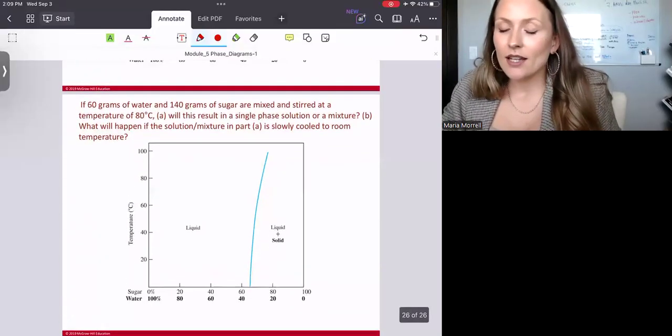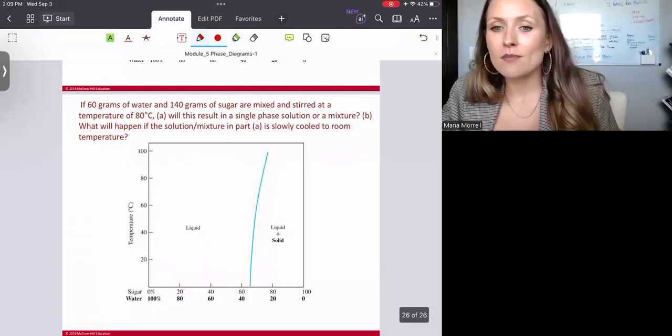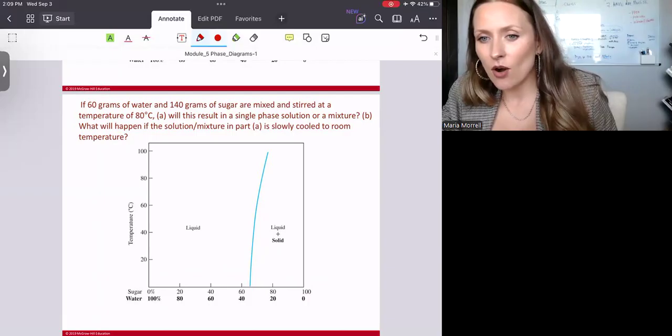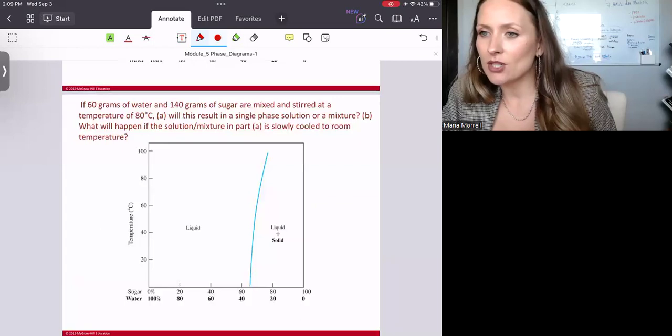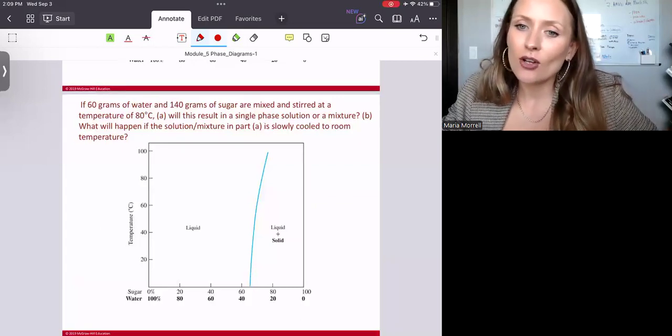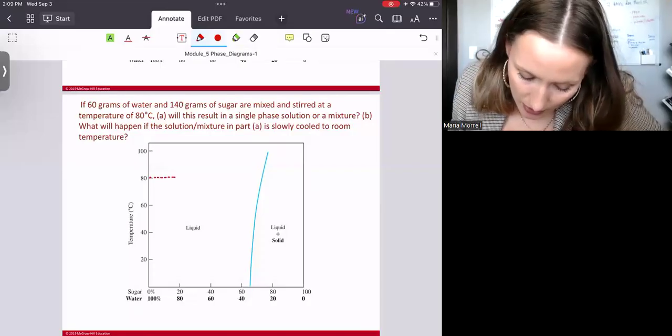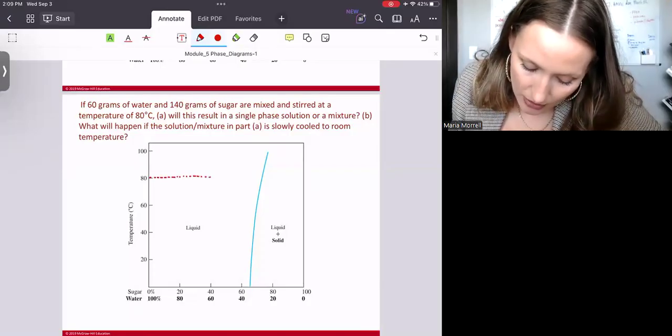Okay, and then the last question for this module states the following. If 60 grams of water and 180 grams of sugar are mixed and stirred at the temperature of 80 degrees C, will this result in a single phase solution or a mixture? Well, that's a cool question. I'm given the temperature, so I'm going to be somewhere here. Again, I'm going to try to make a parallel line.